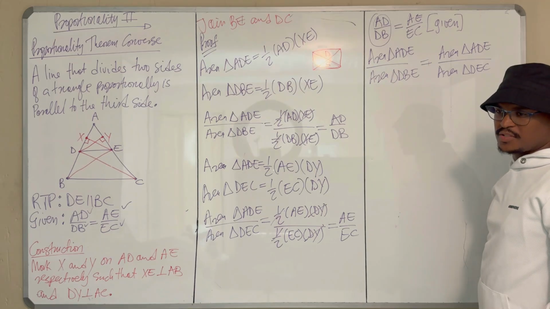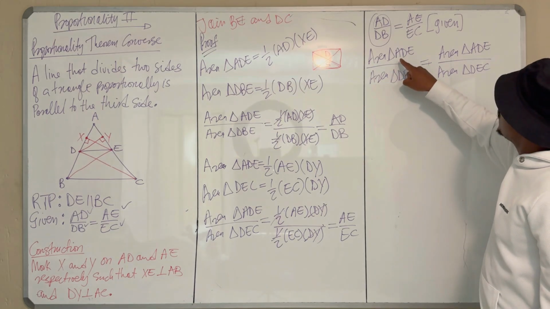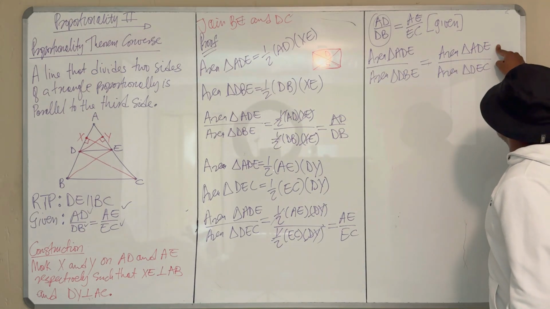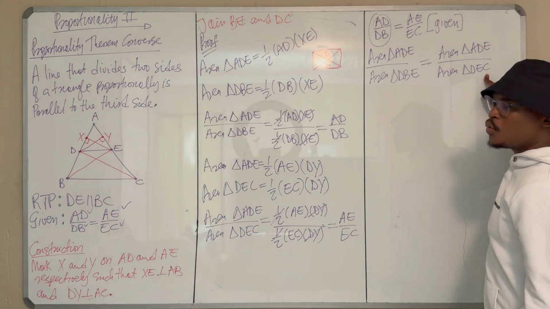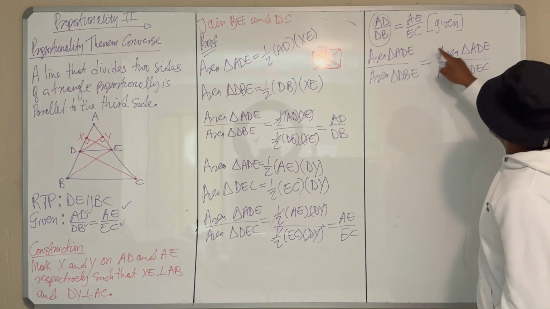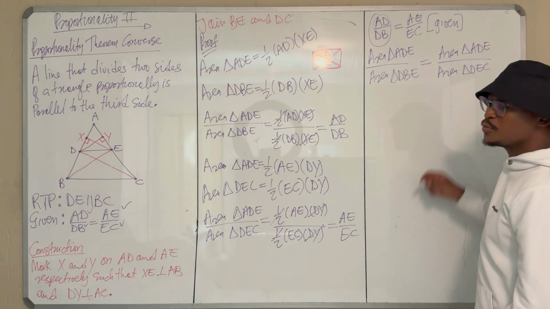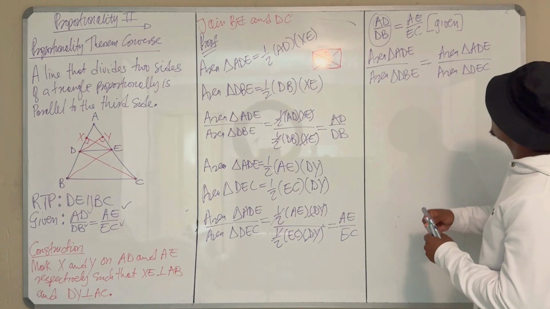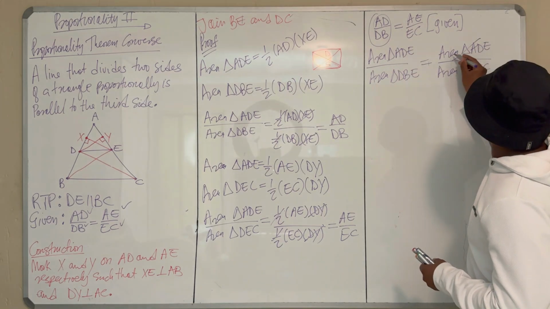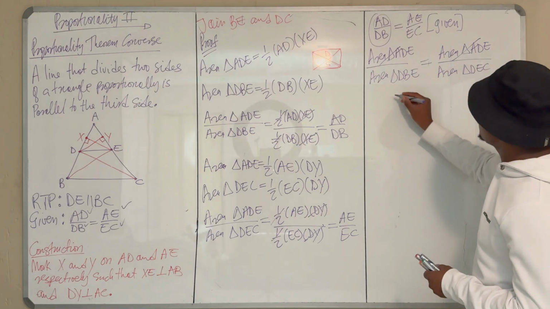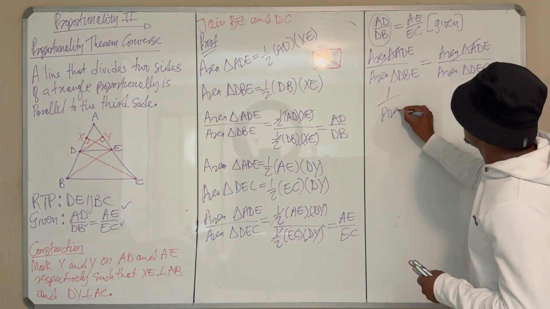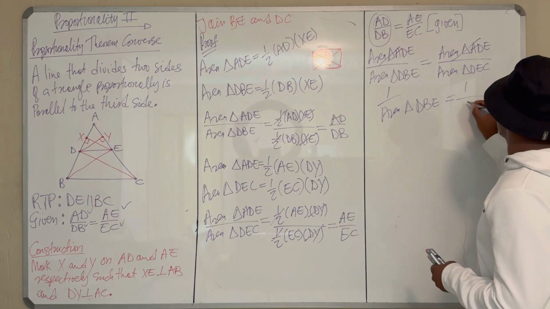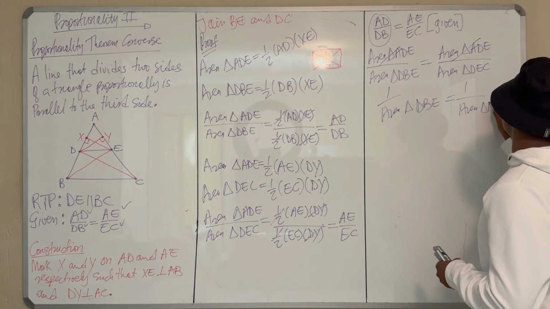I'm not sure if you understand what I'm trying to say. If the area of ADE over the area of DBE equals the area of ADE over the area of DEC, then the top area is equal to the top area, so even the bottom one should be equal to the bottom. Or do you want me to solve it? If you want, you can just divide by this area on both sides. You are left with 1 over the area of triangle DBE equal to 1 over the area of triangle DEC.